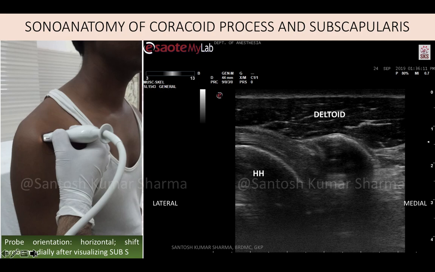We place the probe a little medial from what we were scanning for the subscapularis, and the coracoid process comes into the picture, and then the probe is again in horizontal orientation, and what we see now is the subscapularis muscle originating and coming out below the coracoid process as shown in the picture.